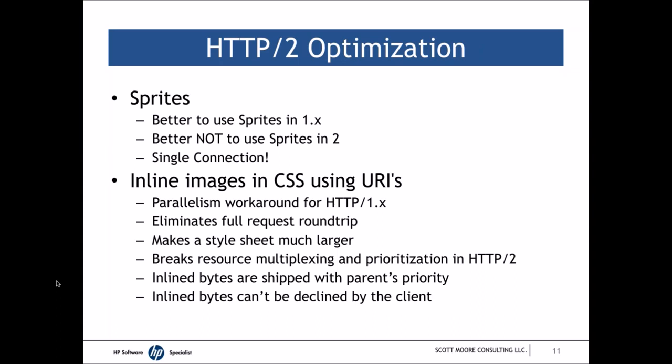When we talk about concatenating files, inlining is one of those things where you're taking CSS files and putting the graphic representation up in the CSS file so it comes down at the same time. If you continue to do that, it's going to work around some of the built-in things that H2 would do for you, and it would do it smart.